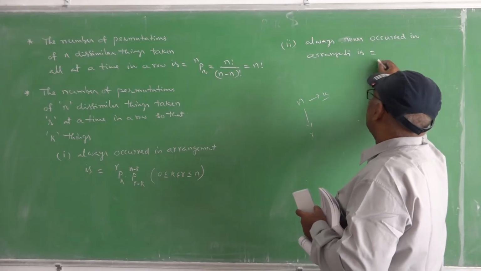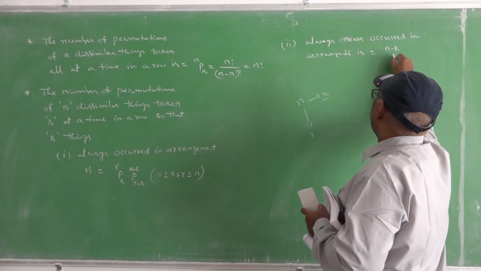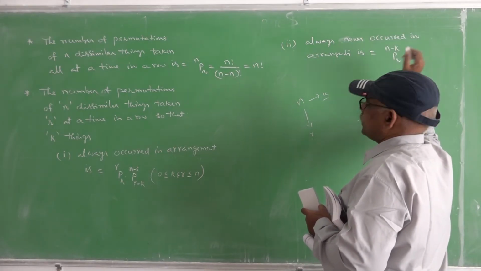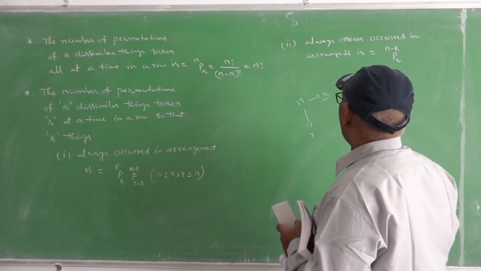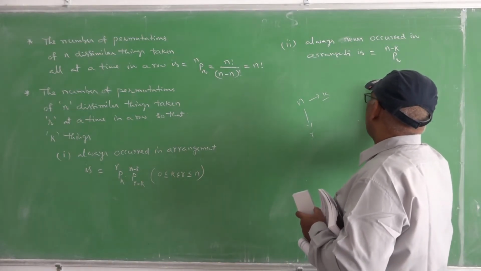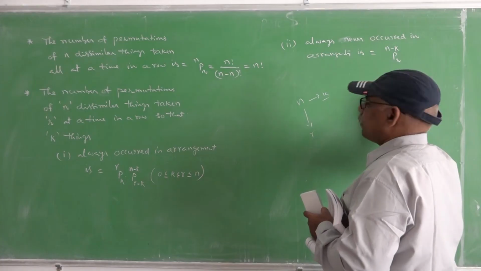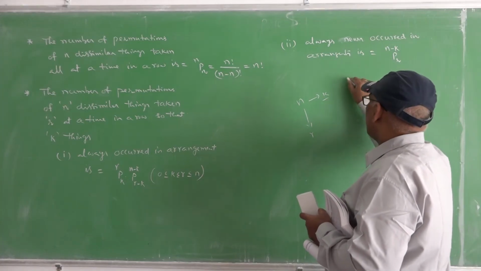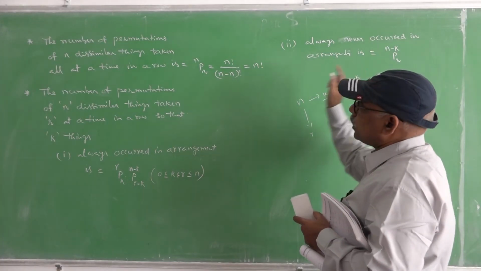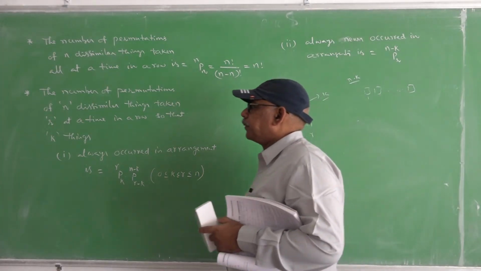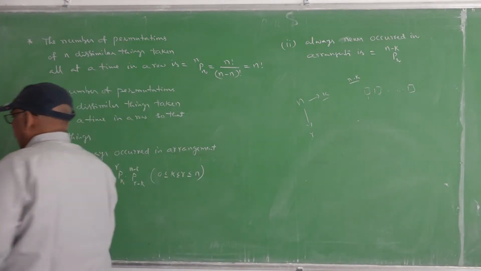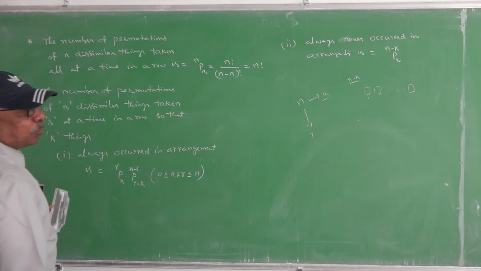So, that can be done in n minus k P r ways, because you have to fill r blanks with n minus k things, because these k things do not occur in the arrangement. So, that can happen in n minus k P r ways.